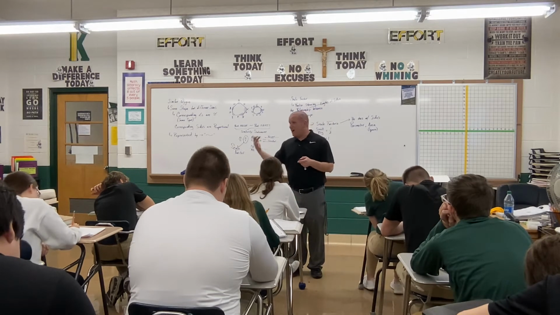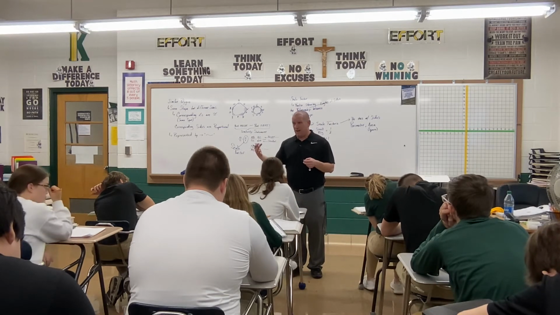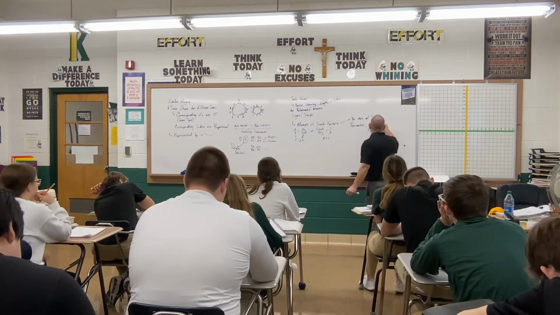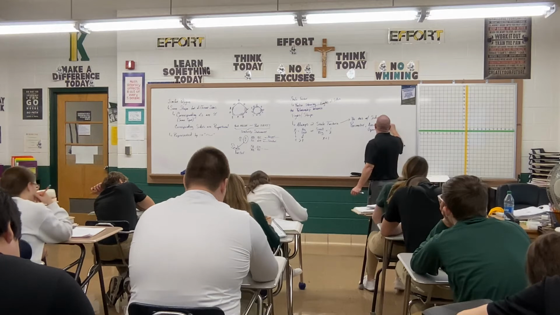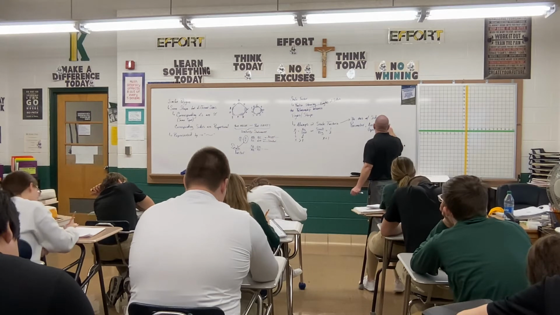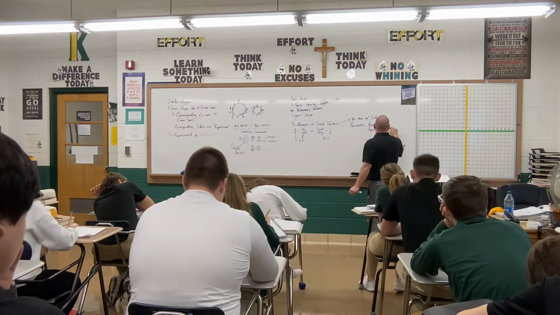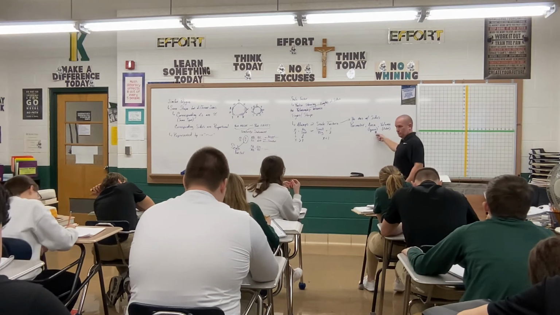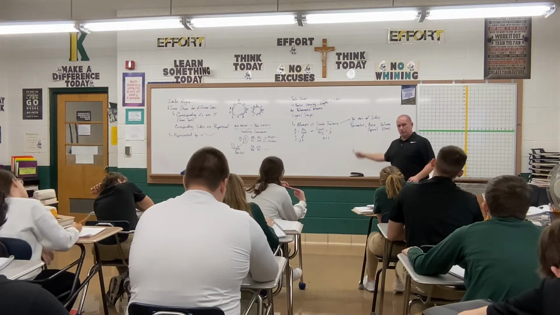And then if we get to volumes, which we'll do later on, you'd have to cube it. So you can use the scale factor to find a lot of things, but you just got to make sure that you manipulate it in the right way. Now again, this isn't anything we'll do today. We're only going to do the perimeter today.